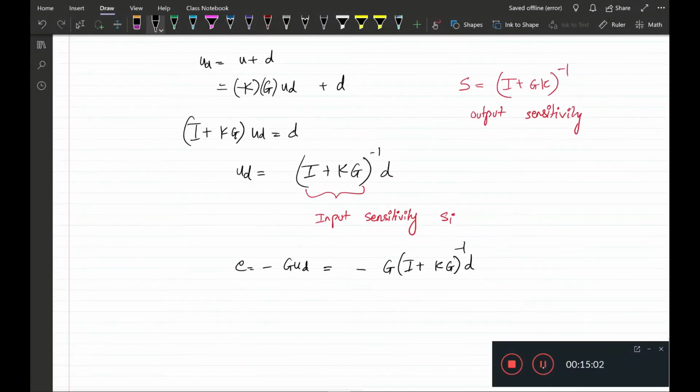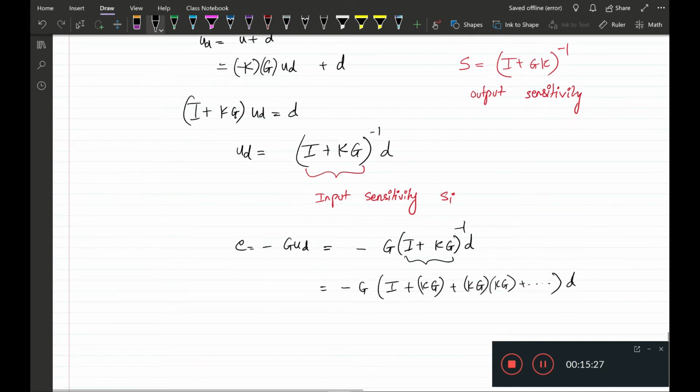And now if this inverse is well defined, we know from the Neumann series that it is nothing but I plus KG plus (KG) squared and so on, times T. Now we can push in the D from the left and pull the G out from the right, so we would have minus again I plus GK plus GK and so on.